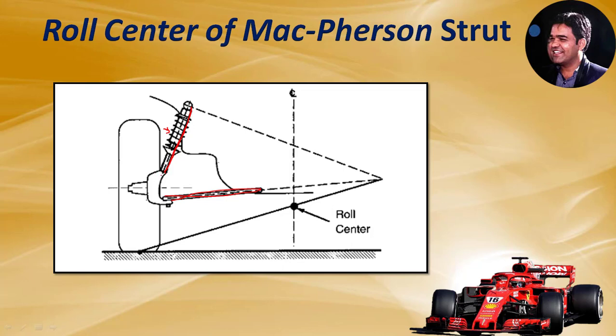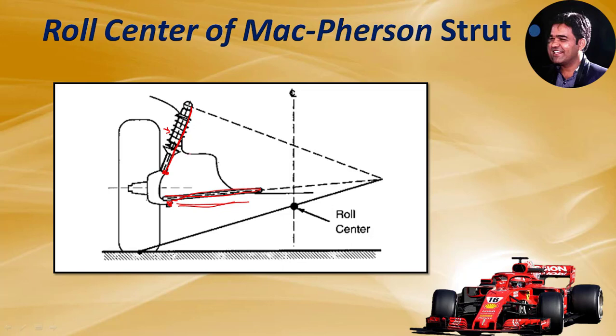So this is, you can say, the upper joint and the lower joint. At the lower joint we have an arm, and at the upper joint we have a strut which is equipped with the coil spring and the damper.